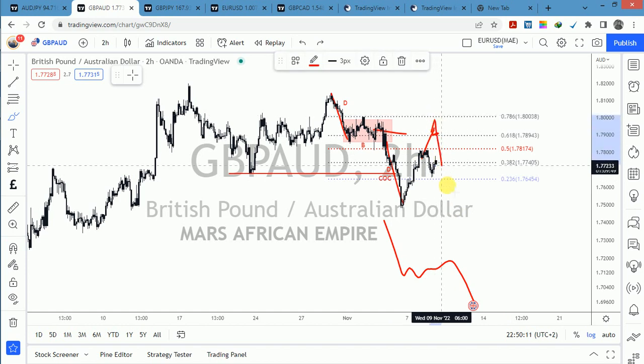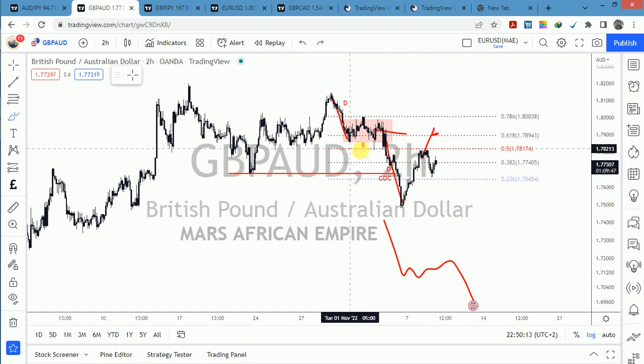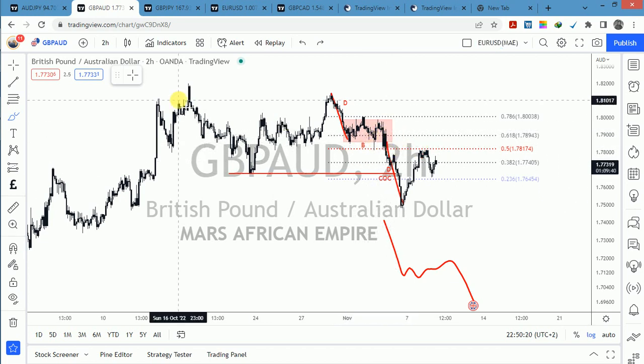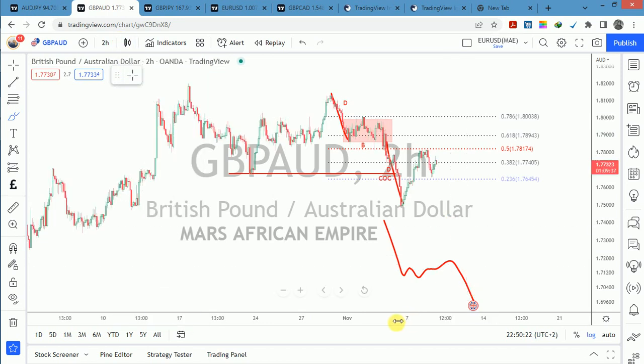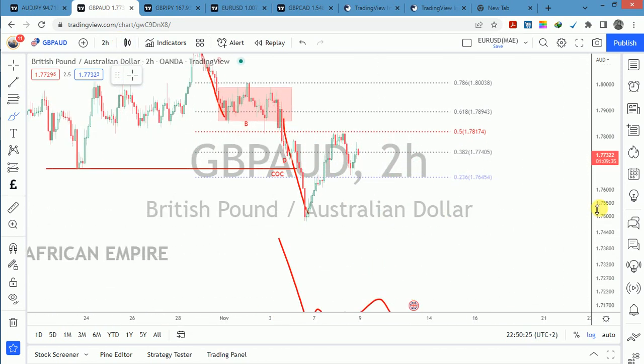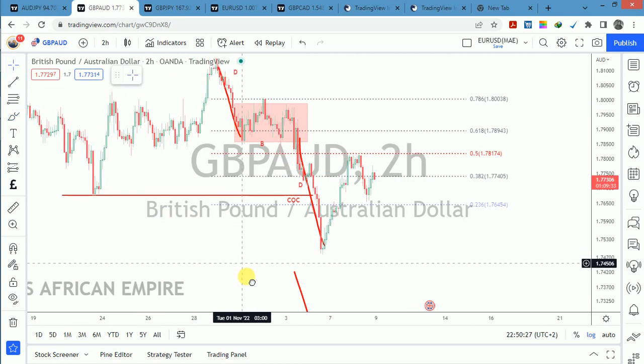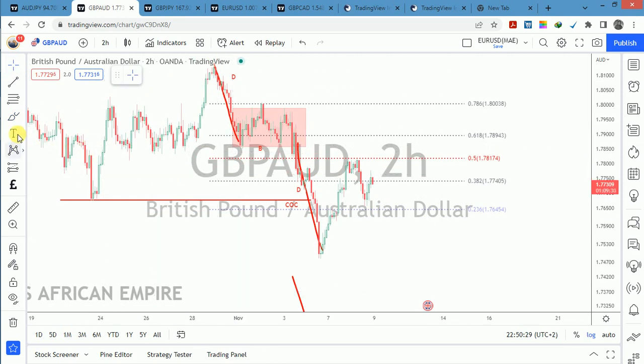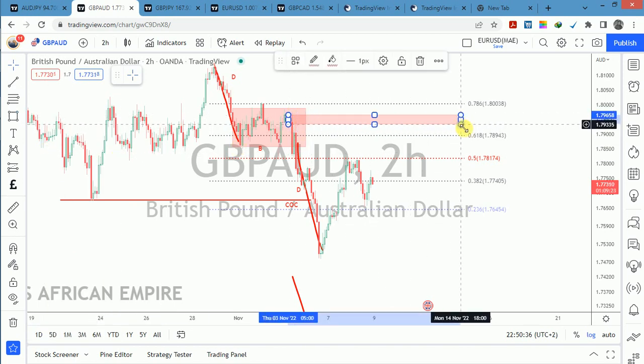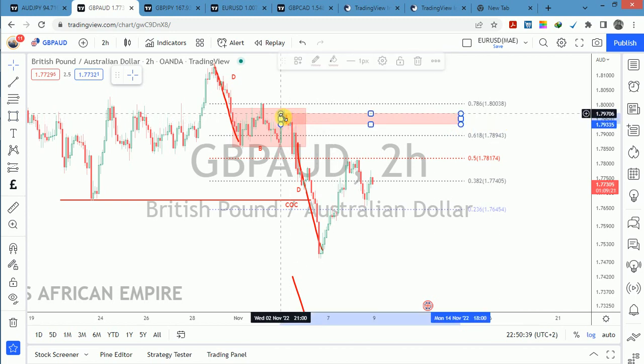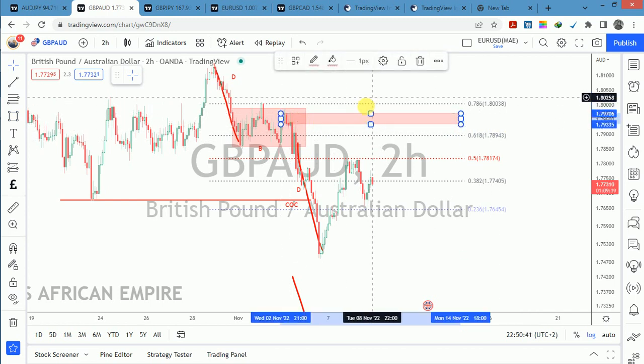That means we should look for an order block within that base. So the order block that I'm interested in right now, I think would be this one, because I want to sell this pair around 78.6.